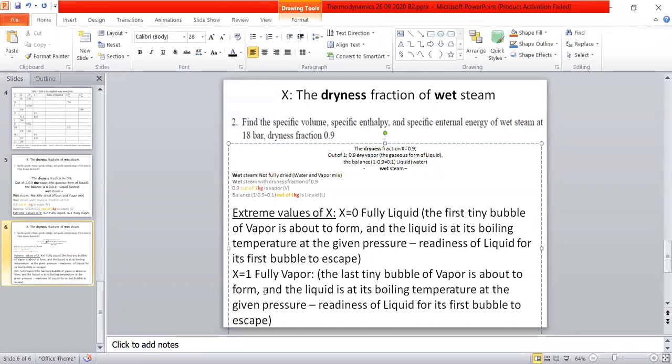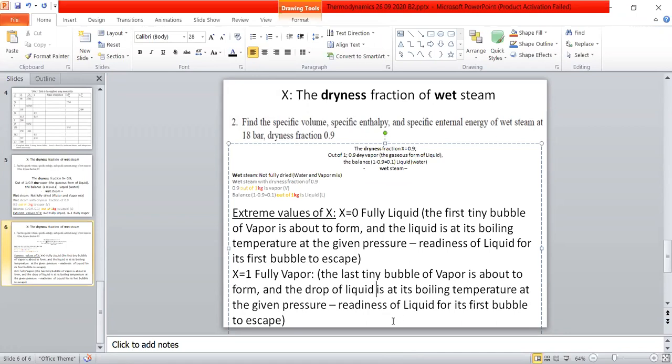The last tiny bubble is about to form means the last drop of liquid that is about to escape is at its boiling temperature at the given pressure.